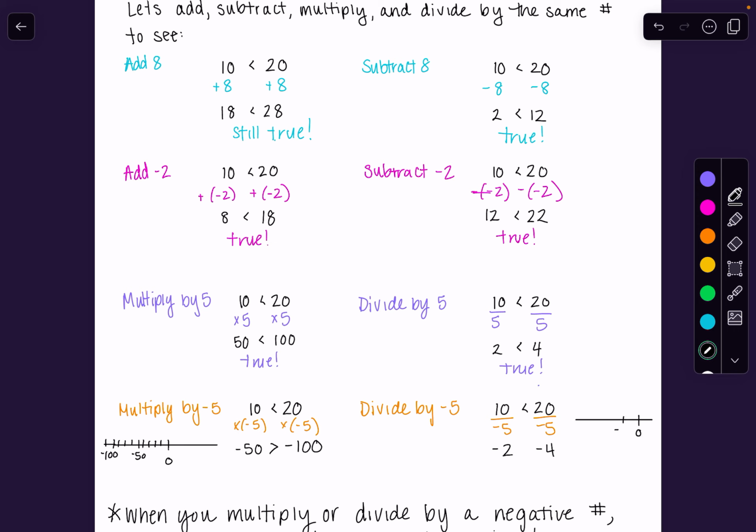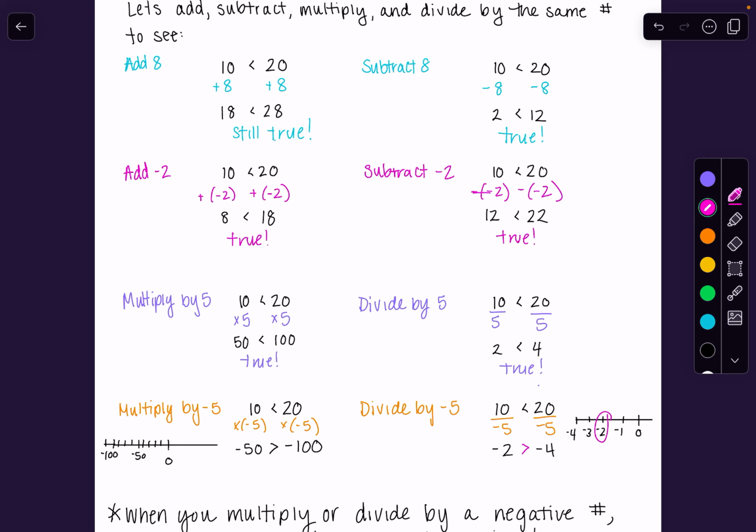Here's 0, negative 1, negative 2, negative 3, negative 4. Okay. The bigger one is the one further to the right. So negative 2 is the bigger quantity. So again, I've got to change that inequality sign to make this a true statement.